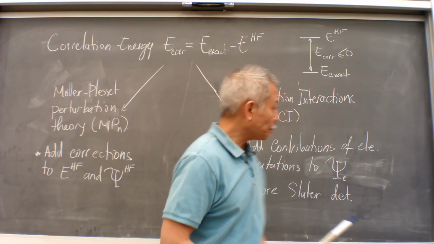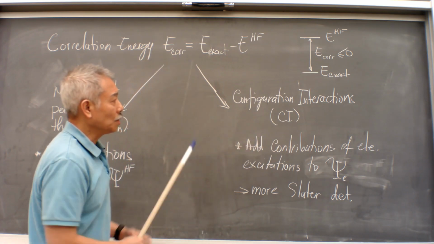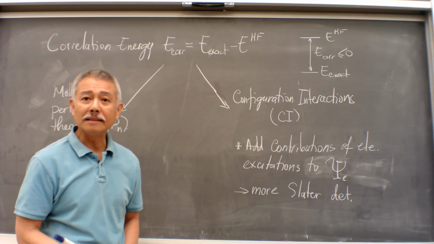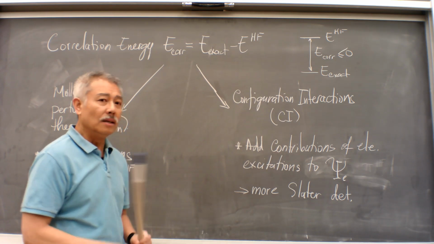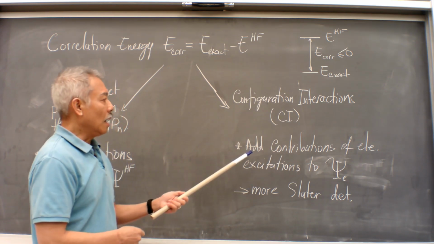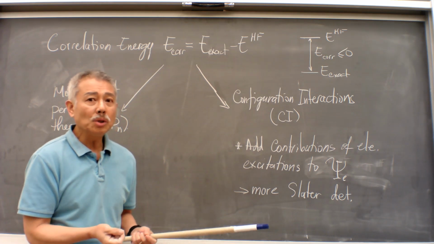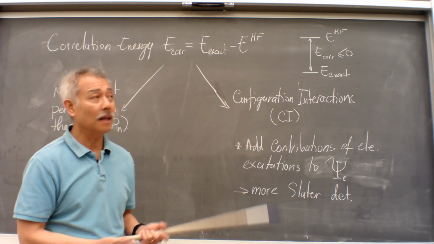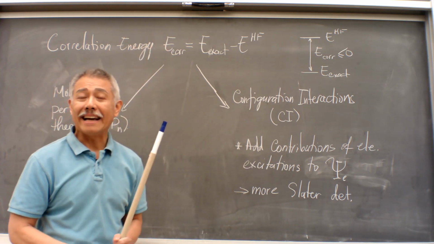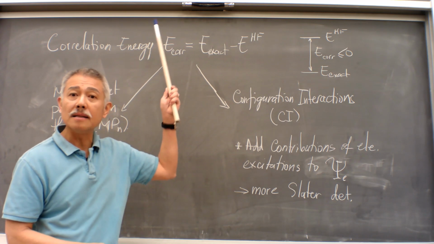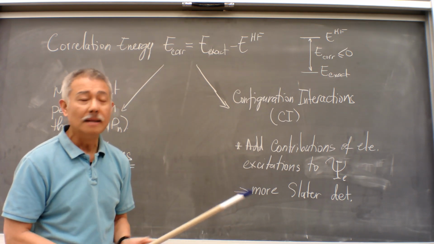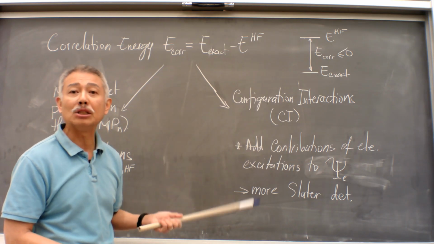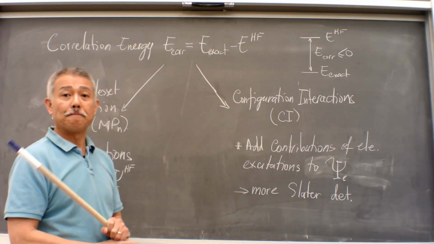The other approach is known as configuration interaction, or CI. CI says, I'm going to add in contributions from excitations to the wave function, directly addressing approximation number 1. Effectively, it accounts for both approximations 1 and 3.